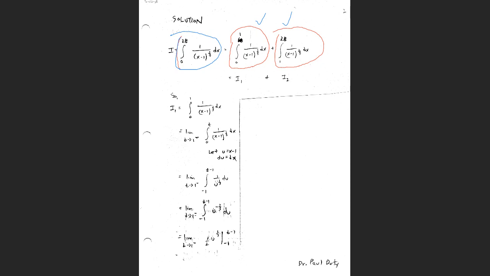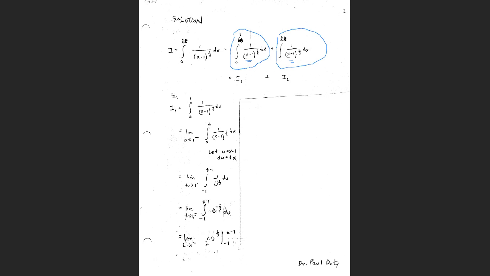And now we have two type 2 integrals here, because this first integral is improper because the function is undefined at x equals 1. And similarly, this second integral is improper because the function is undefined at x equals 1.